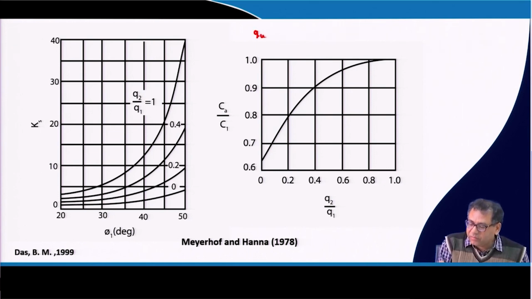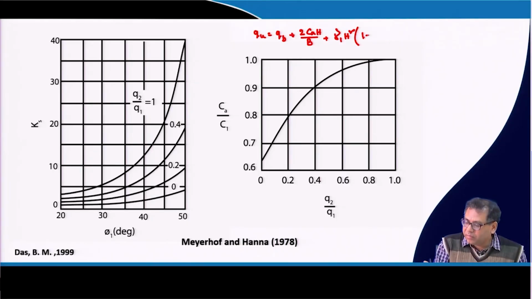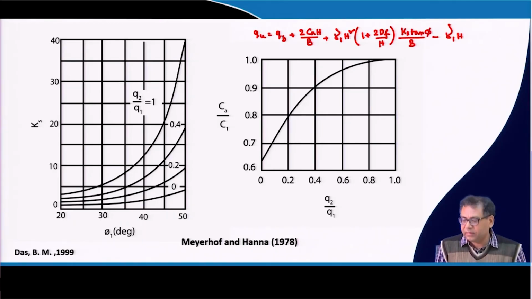So, Qu will be Qb plus 2 Ca H divided by B plus gamma 1 H square (1 plus 2 Df divided by H), now this Ks tan phi, then divided by B, minus gamma 1 H. Okay. So, this is my equation.